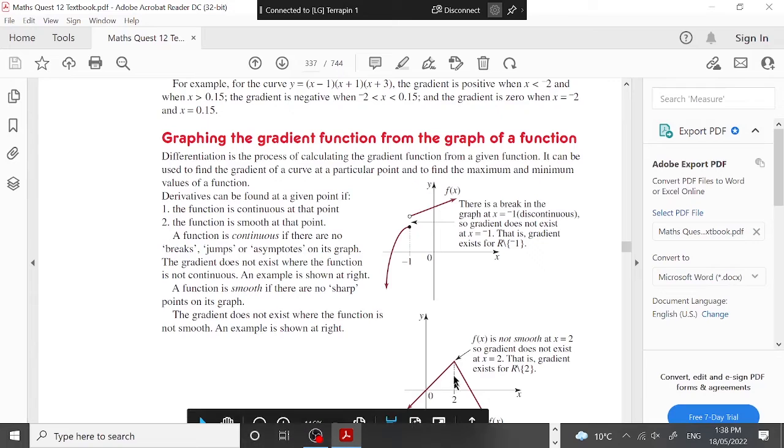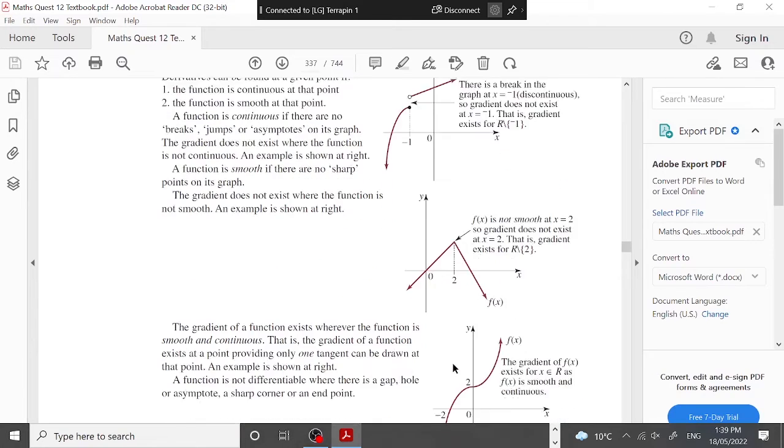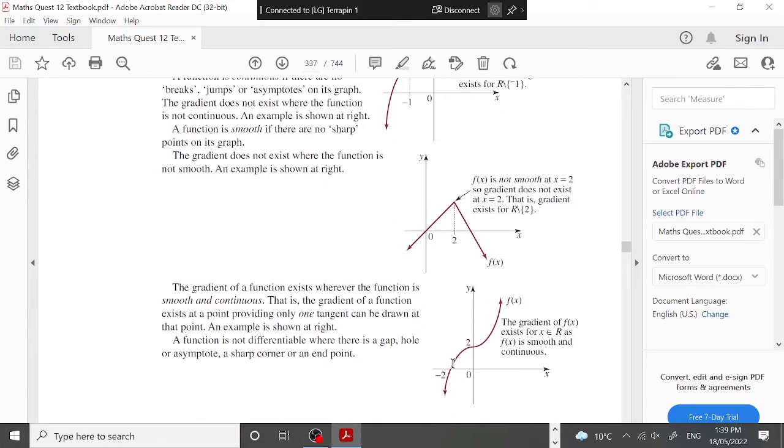It is a function, but it's just not a smooth function. At that point in particular, the gradient doesn't exist, and so you couldn't find the derivative either. So they're important to note. Whereas we can see here with this cubic type of graph, it is both smooth and continuous, even though it changes the way the curve goes.